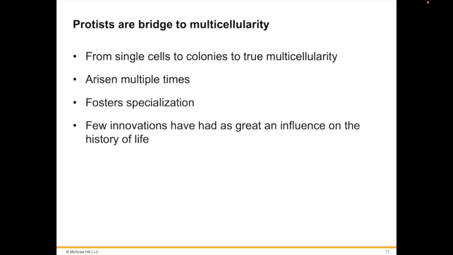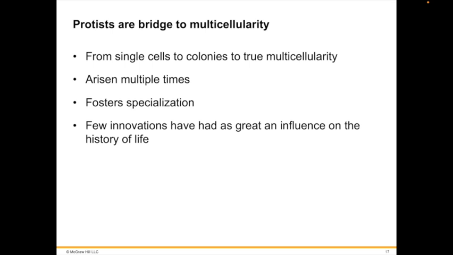Some single-celled eukaryotic cells began living in association with others in colonies. Eventually, individual members of the colony began to assume different duties, and the colony began to take on the characteristics of a single individual. Multicellularity has arisen many times among the eukaryotes. Practically every organism big enough to be seen with the unaided eye, including all animals and plants, is multicellular.